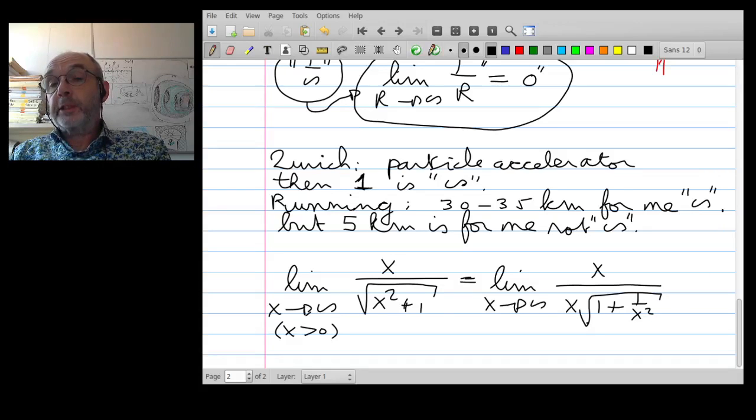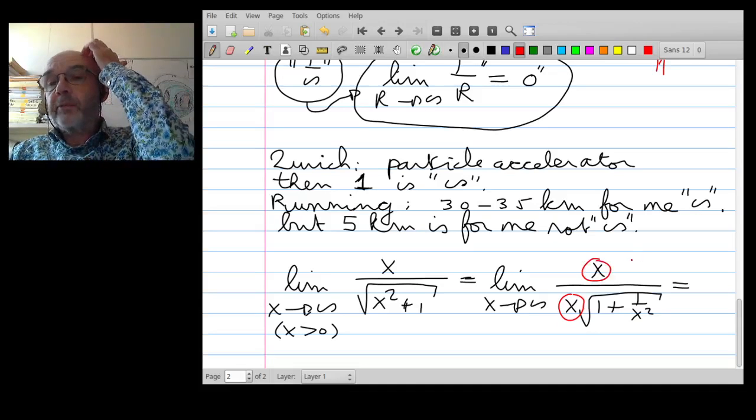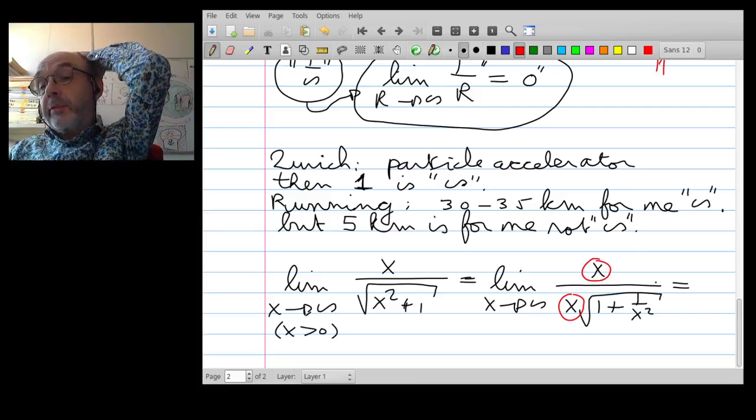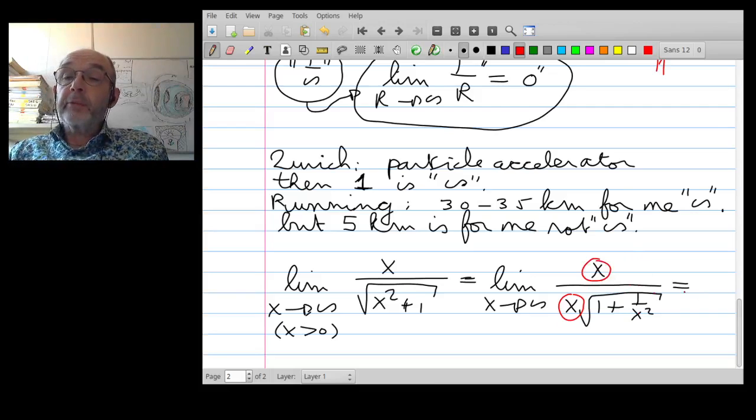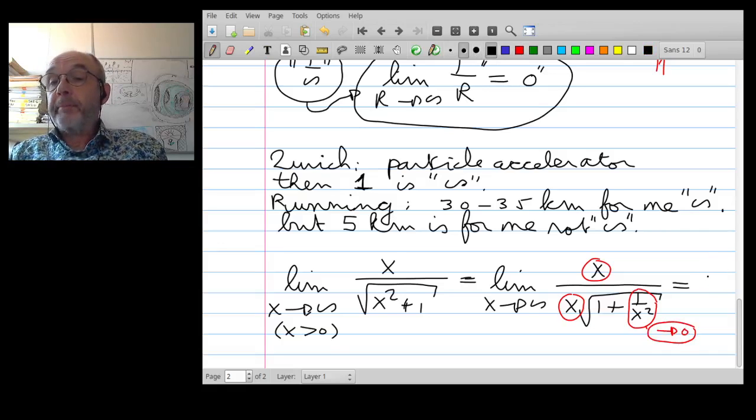Since x is positive, the x's cancel each other. You get 1 out of it. This term, if x becomes very great, goes to 0. So you have 0 there, and you get 1, just 1.